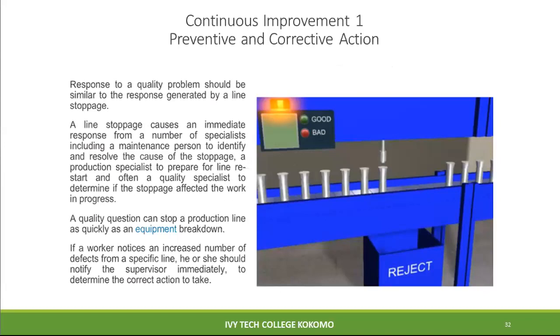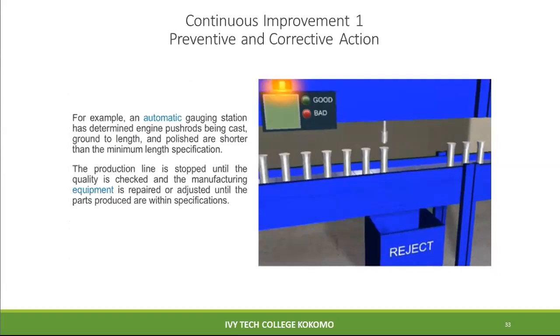It's just like a breakdown. Okay, if you notice something wrong with the product, but the machine's fine, you need to stop and find out what's going on. You tell a supervisor. Okay, lots of machines have automatic stations, automatic gauging stations, measuring stations, and those can stop the line because they'll see that there are just too many bad parts.